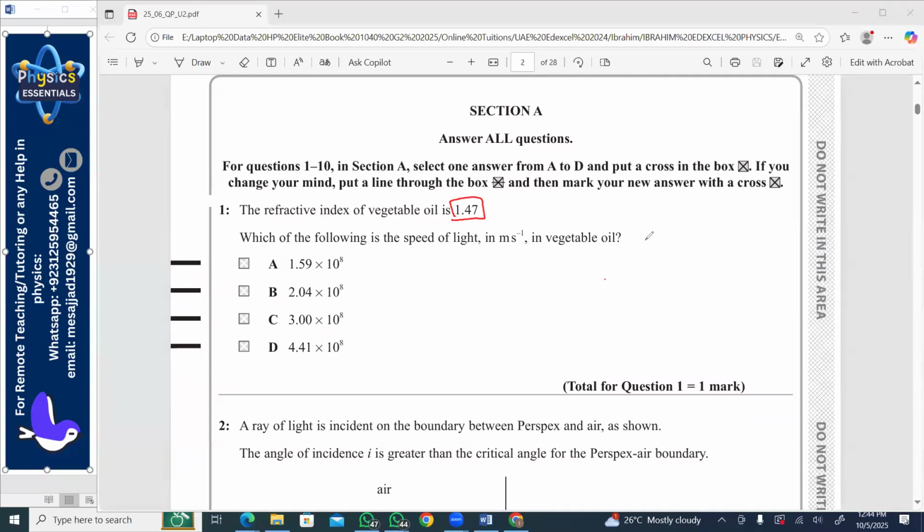So you just write n equals c over v, and 1.47 into v equals c. So this was a straightforward question. And when you do it, your answer is 2.04 into 10 raised to the power 8 meters per second, which is this one.